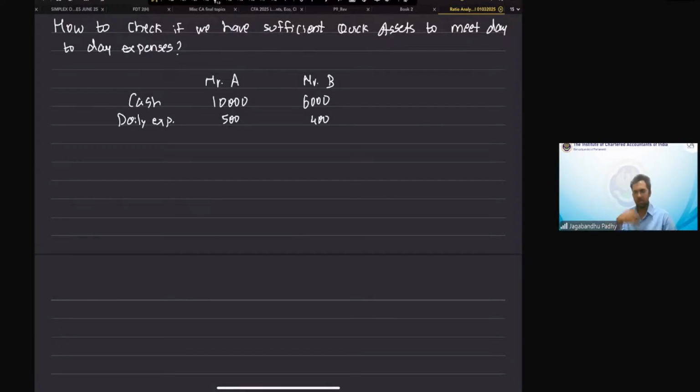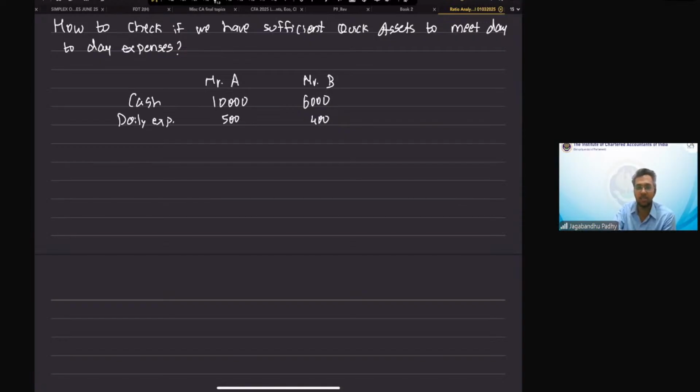Let me put it the other way around. Just look at Mr. A. The cash balance that Mr. A has, that is sufficient for how many days of expense? Can I say 20 days? It's 20 days, right? Correct.